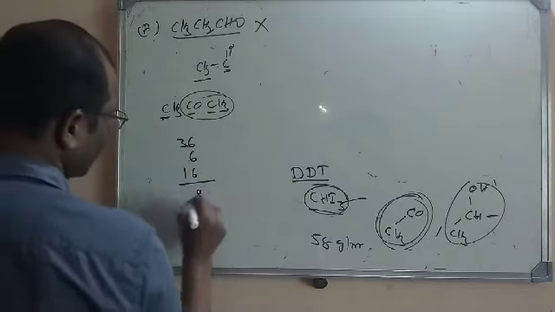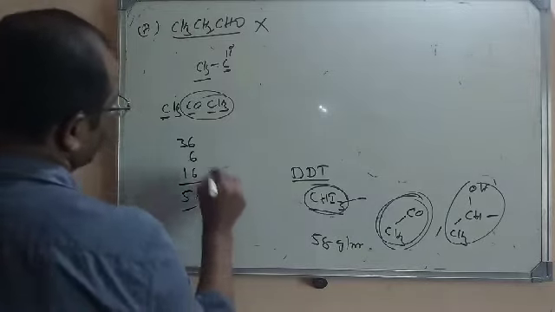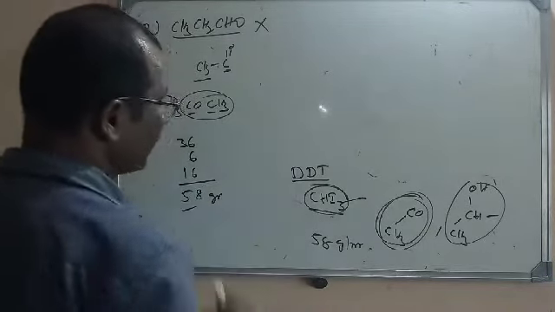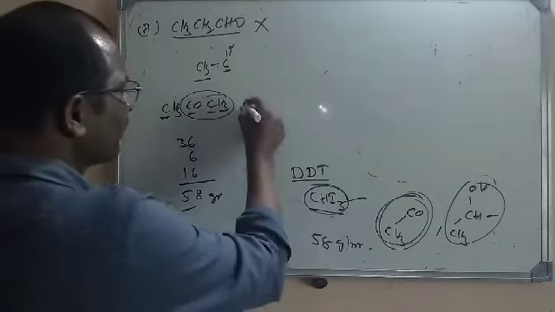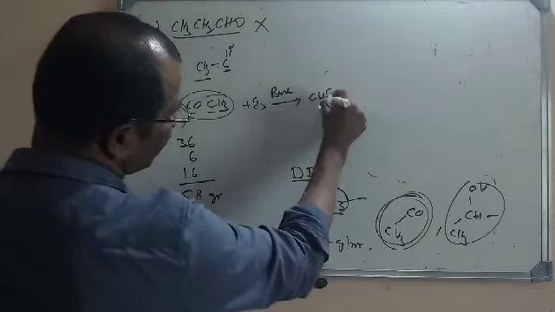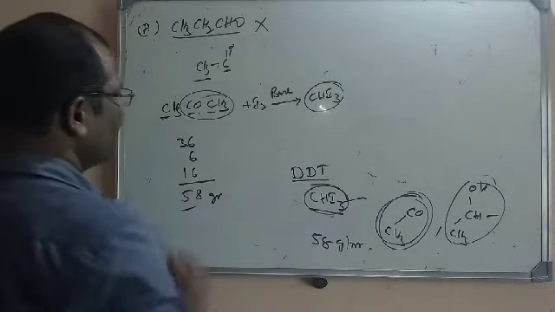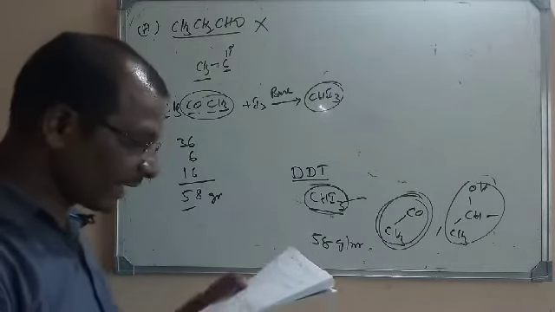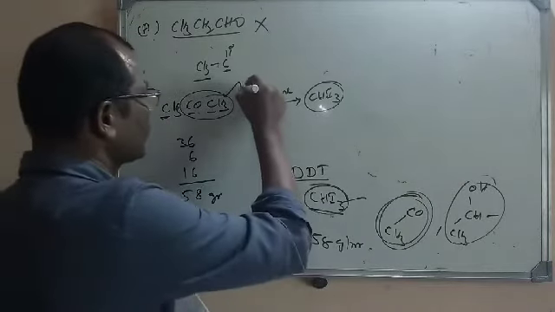So it is 58. Yes, this can give the iodoform test. Definitely iodoform is the yellow precipitate. When you treat with iodine in the presence of a base, what we get is CHI3. And what is the molecule now? Acetone, CH3COCH3. The second option itself is the correct option.